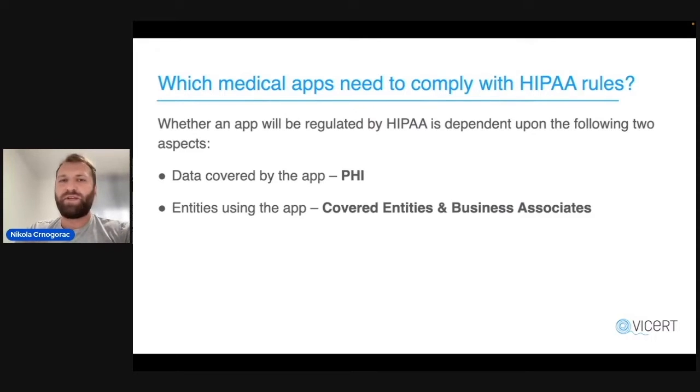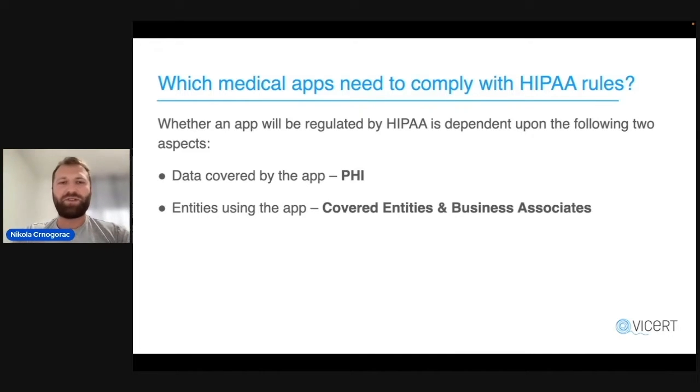Which medical app needs to comply? To make a medical app, we need to comply with a couple of HIPAA rules just to start. We have two aspects. We have data covered by the app, or PHI, which means protected health information.